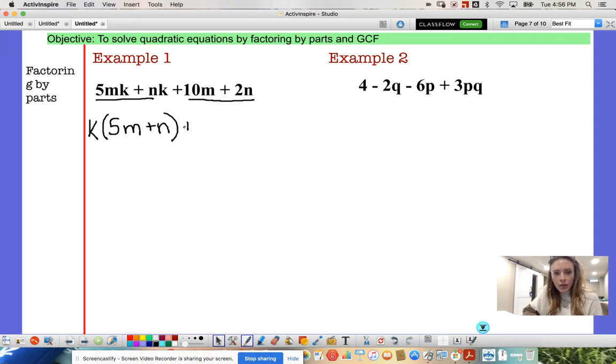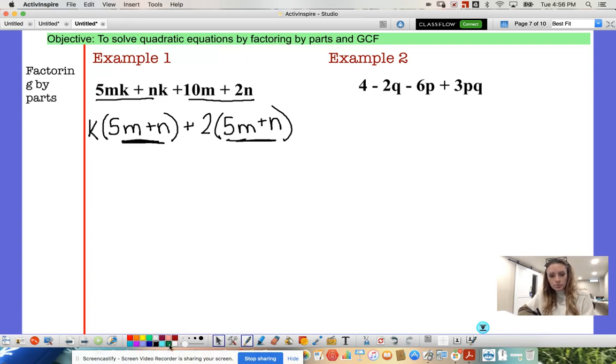Okay, and now I have my other terms over here. What I can take out is a 2 and no variable. So 10 divided by 2 is 5, and I'm left with the m. And 2n divided by 2 is n. So I'm left with the n. Notice we still have our common term here.